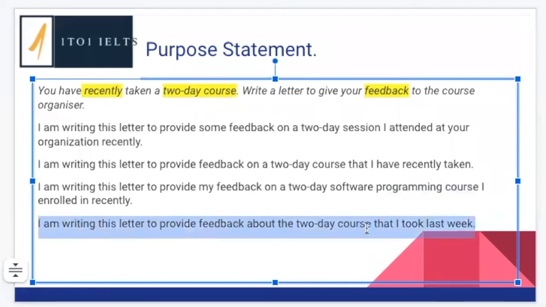Quick grammar question. In this final purpose statement here, can I use the present perfect with this expression? If not, why not? So everyone says no, which is correct. Why can I not use the present perfect?